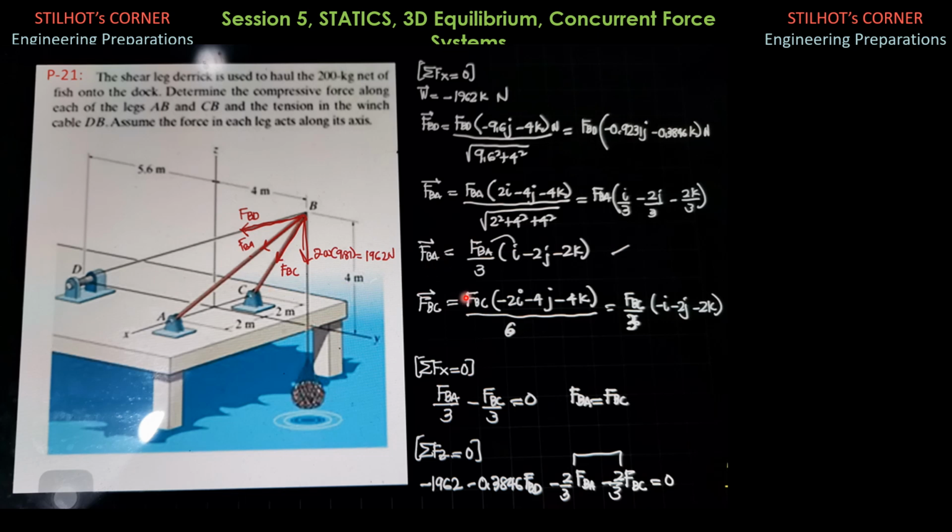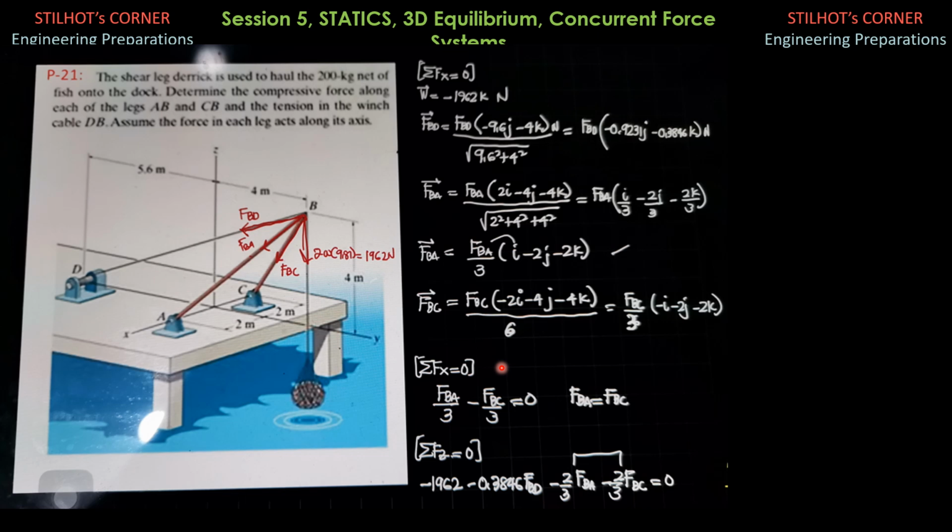So FBC is quantity negative 2i minus 4j minus 4k all over 6, because square root of 36 is 6. So simplifying, FBC in vector form is magnitude of FBC over 3, quantity negative i minus 2j minus 2k.